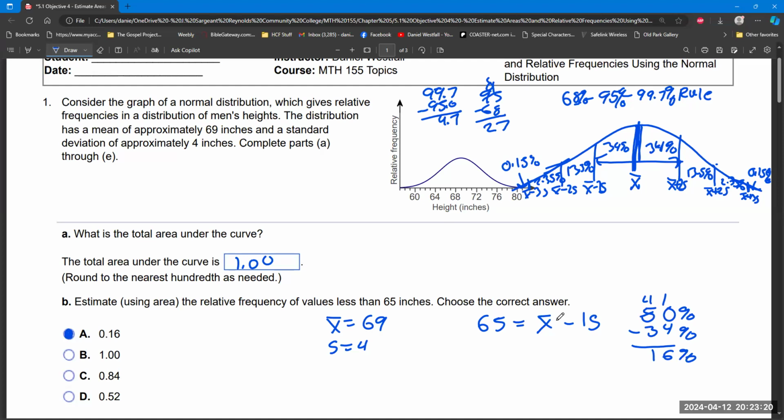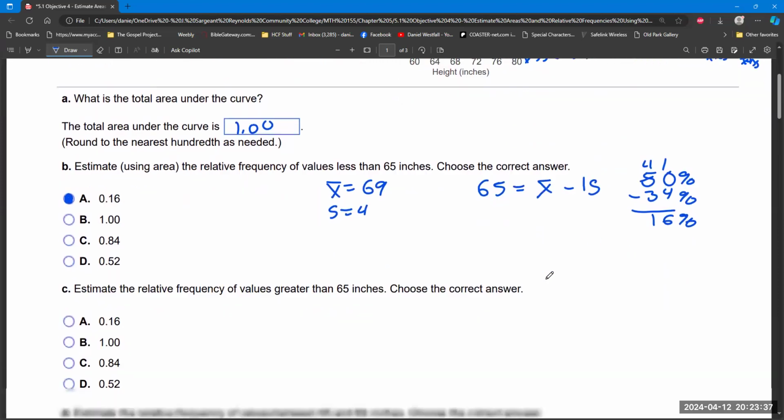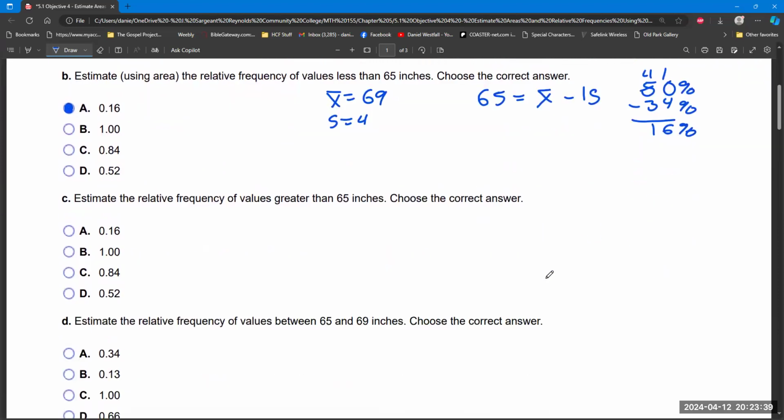And this rule is called an empirical rule, meaning that we've got these numbers strictly by observation and experimentation. We're going to learn other ways to do this with some tables and calculator and other things later that give us slightly different values, but these are good approximations.